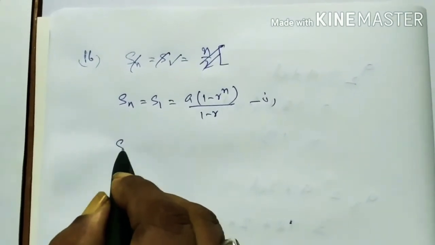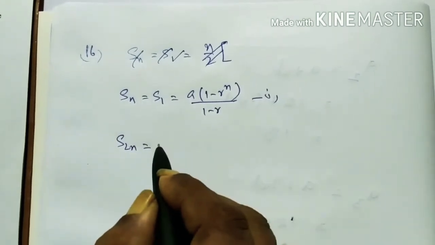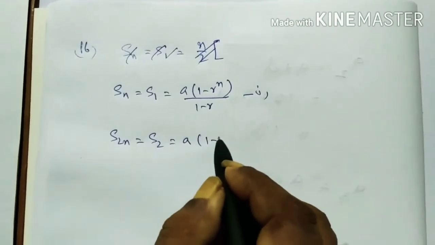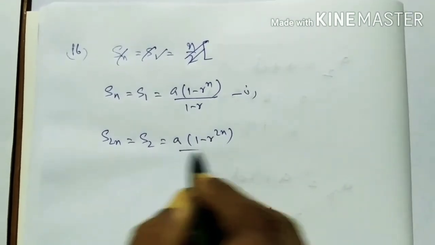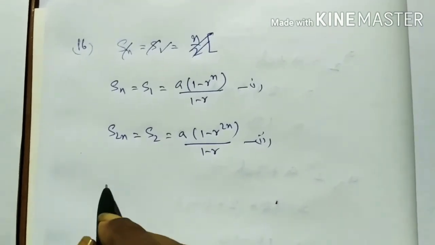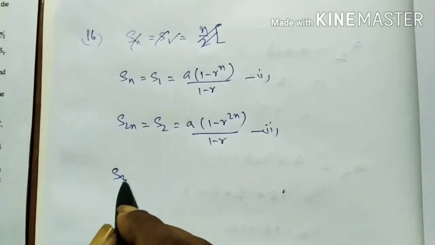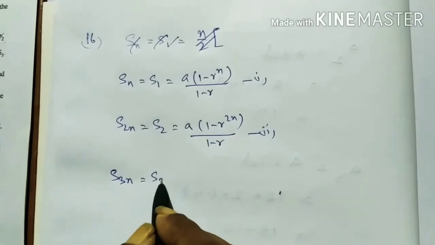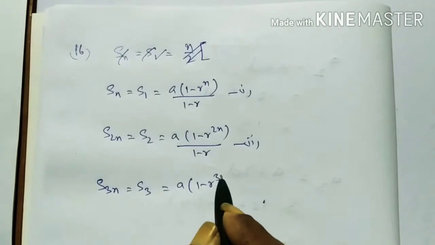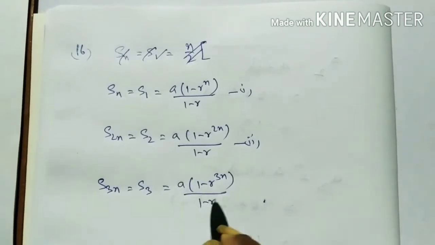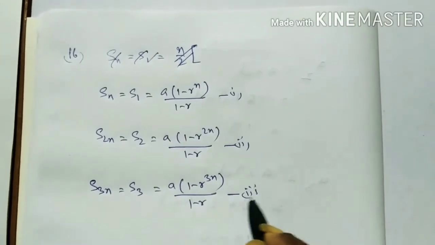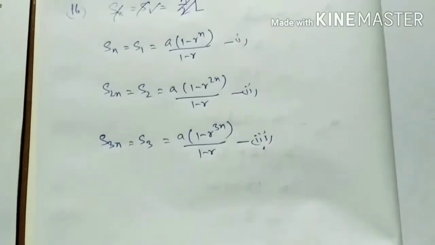Now S2n, which is represented as S2, is equal to A(1 minus r to the power of 2n) by 1 minus r. This is equation 2. And now S3n, this is S3, is equal to A(1 minus r to the power of 3n) by 1 minus r. This is equation 3.